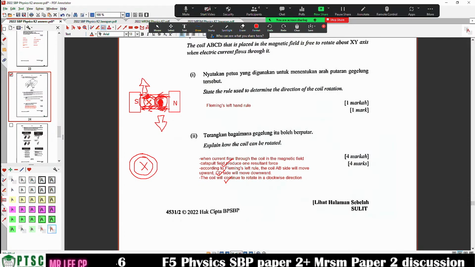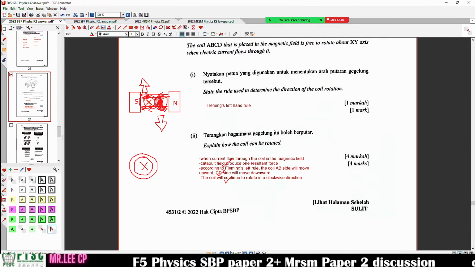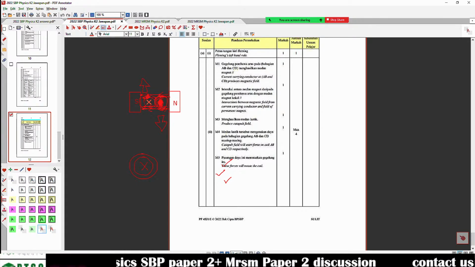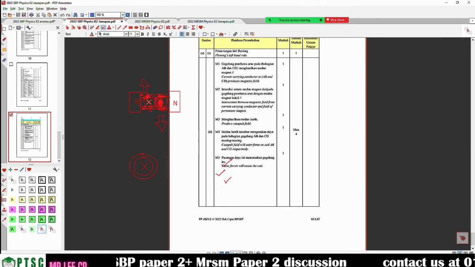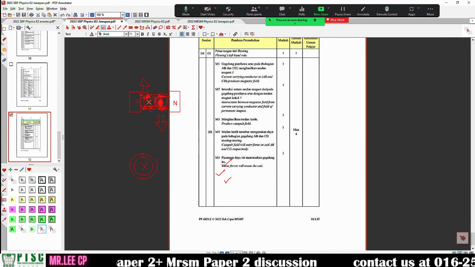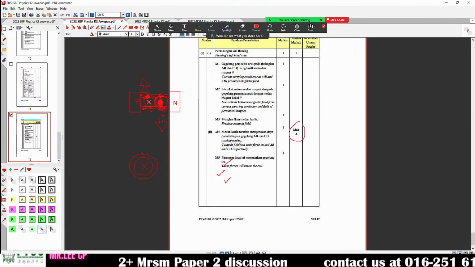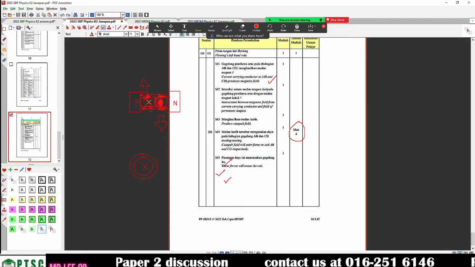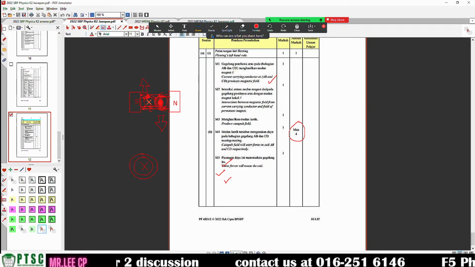But you see, what they give is more than 4 marks. So they will choose 4. Maximum you get 4. So the first one is current carrying in the magnetic field produces a magnetic field. Current flowing through a conductor produces a magnetic field.